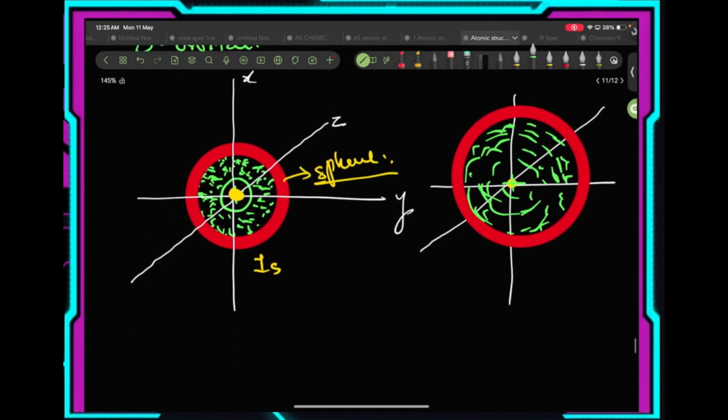But you have to remember that 1s is smaller than 2s, and 2s is smaller than 3s, because 3s would be in the third shell, and in order to cover all the subshells before it, it has to be larger than all of them. So this is our 2s subshell. Shape is the same, but it is larger.